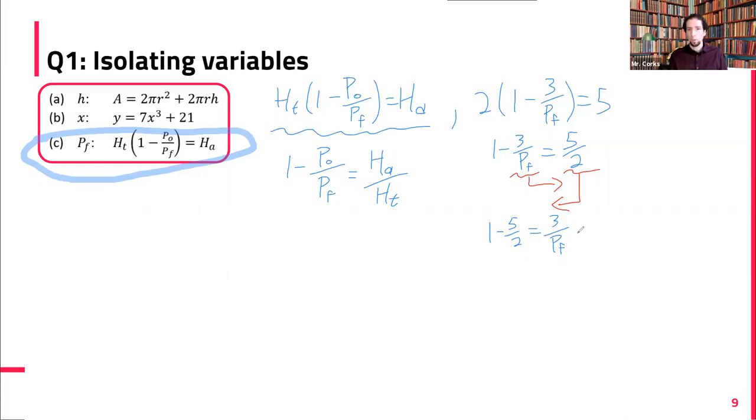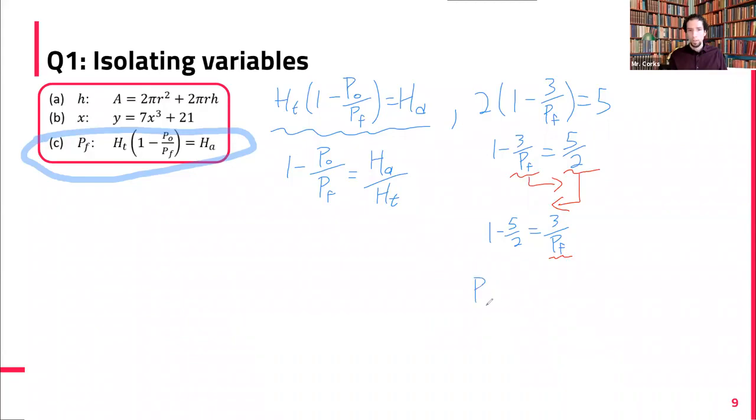Okay, what now? Cross multiply the PF to the left side. Okay, so yeah, just multiply both sides by PF. So we take PF and multiply both sides by it.